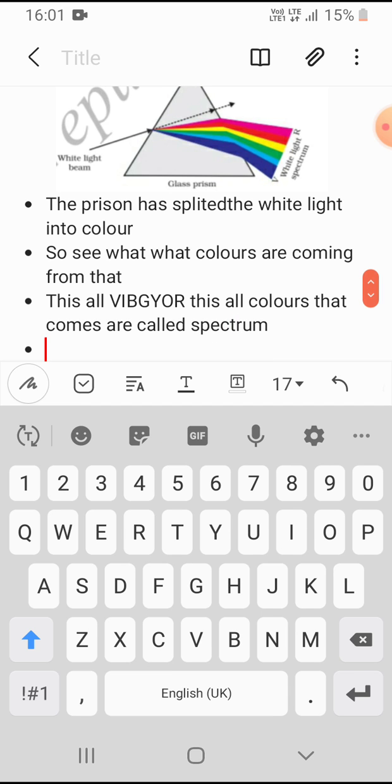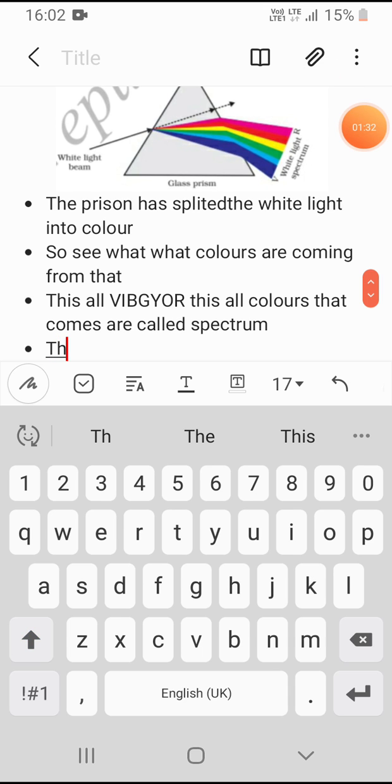What is spectrum? The splitting of white light into seven colors by the prism is called the spectrum.